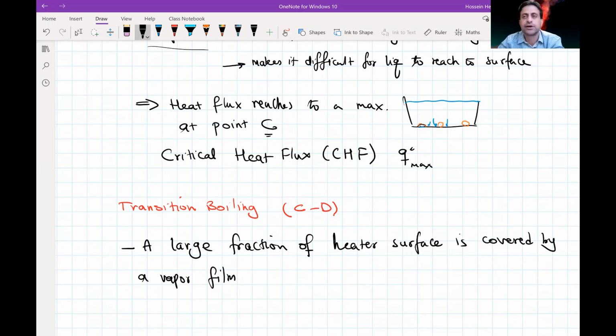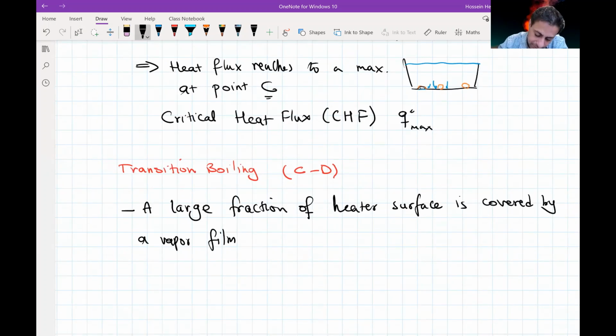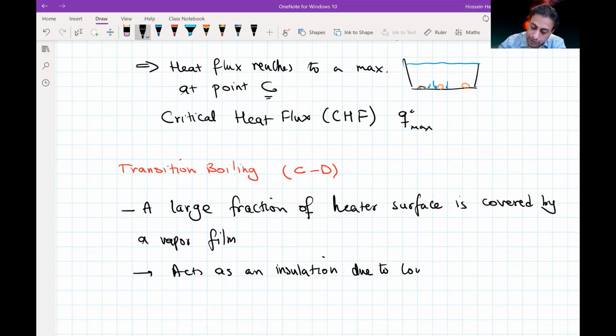Not totally, but a large fraction. This vapor film acts as an insulation due to the low thermal conductivity of vapor.